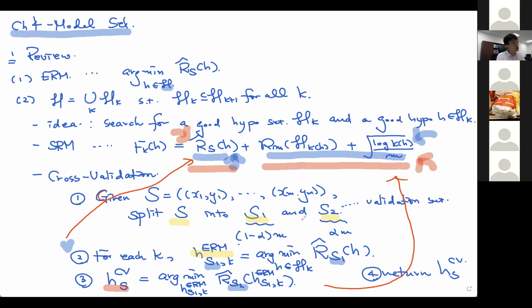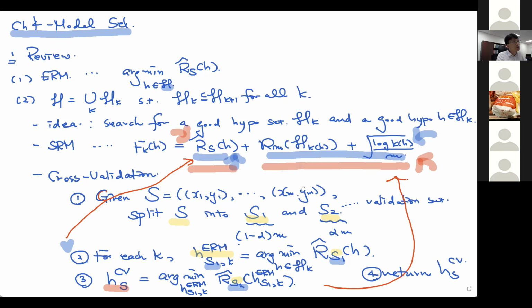And only S2 is going to be used to evaluate the quality of the generalizability of a hypothesis from each hypothesis set. So S2 is used here only, S1 is used here.